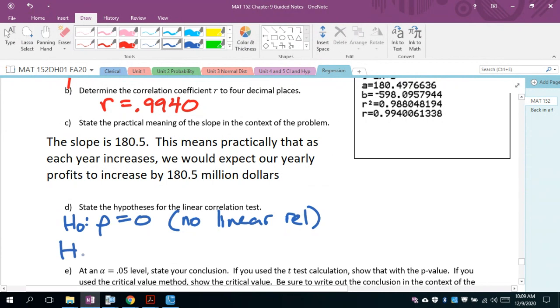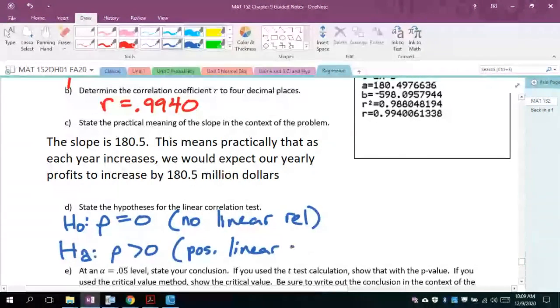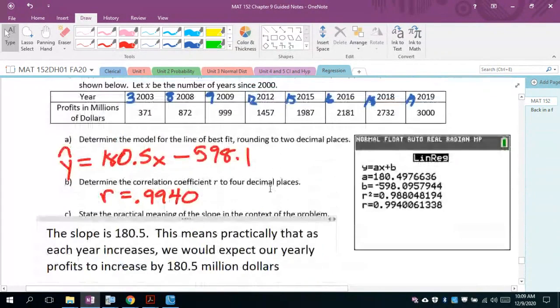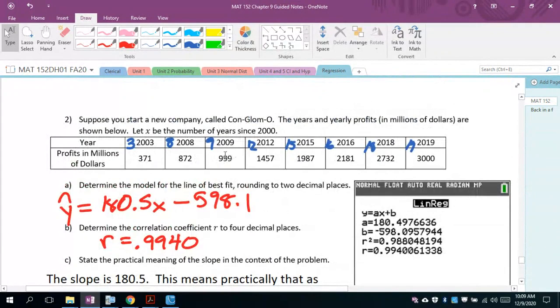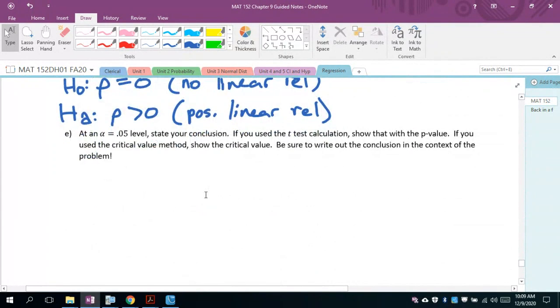And alternatively, rho is greater than 0, which is a positive linear relationship. Now, there were 1, 2, 3, 4, 5, 6, 7, 8 pieces of data. Since n equals 8, our degrees of freedom is going to be 6.